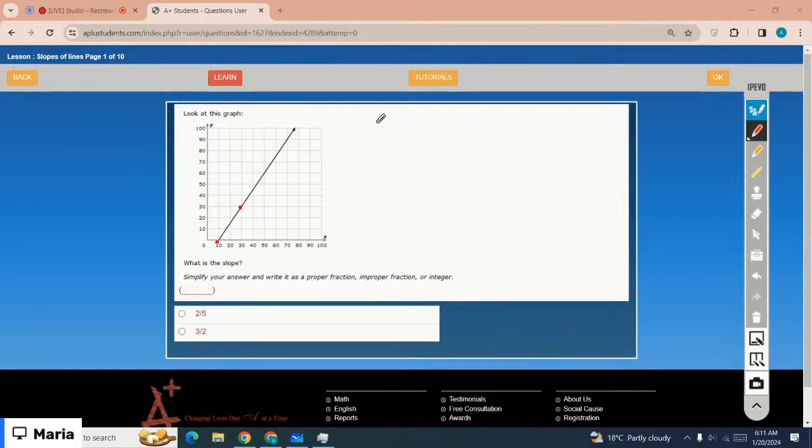For this one, x is 10, y is 0. For this one, x is 30, y is 30. Just use the slope formula, y2 minus y1 divided by x2 minus x1.